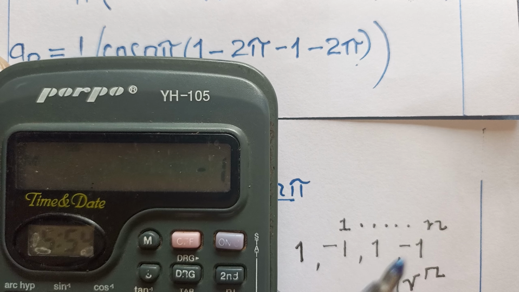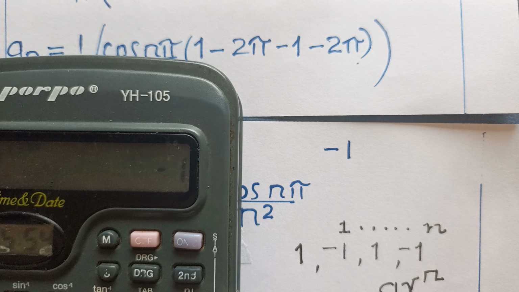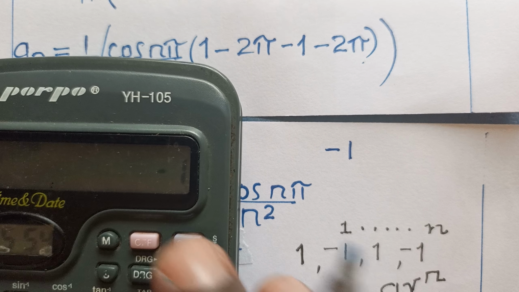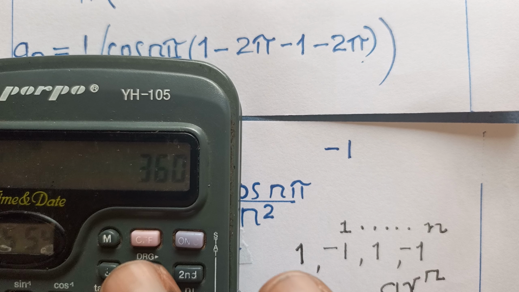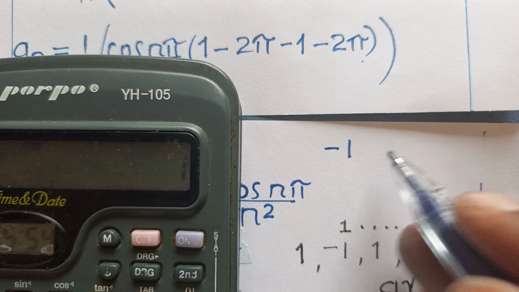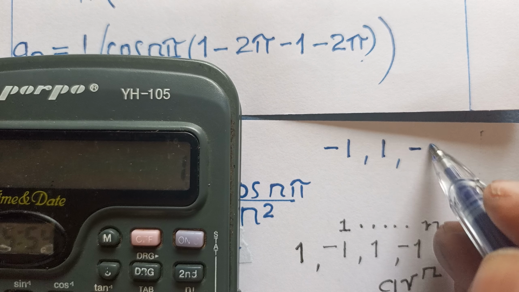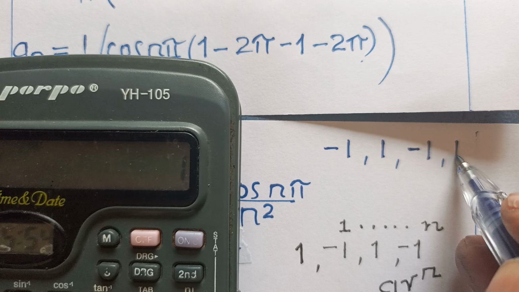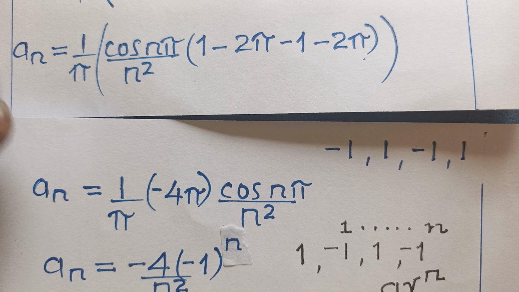Guys, that is negative 1 first. When we now come to n equals 2, that will be 360, cos will give us 1. And guys, if you go on, this one now becomes negative 1. This one becomes 1. There is that interchanging of sign.